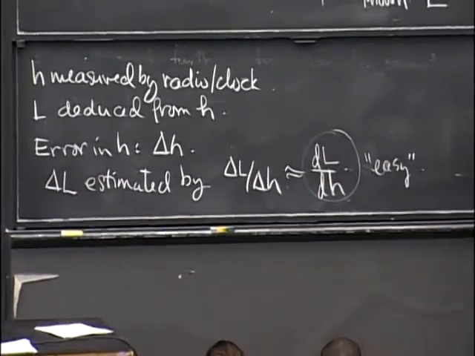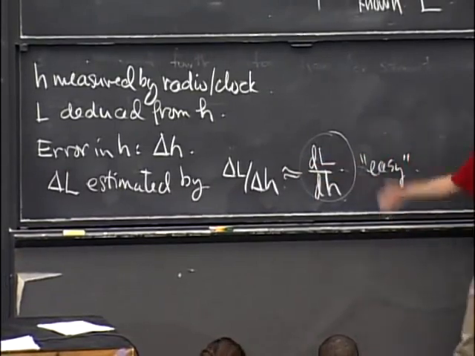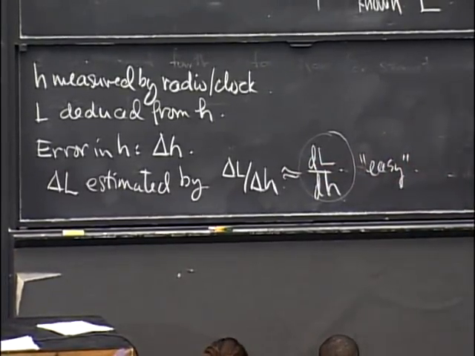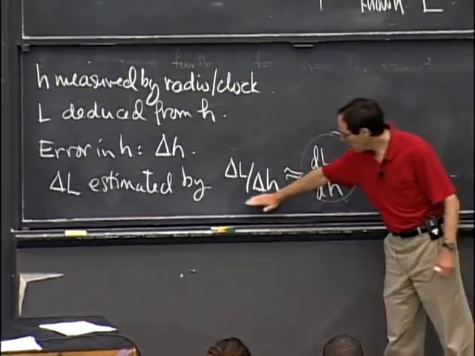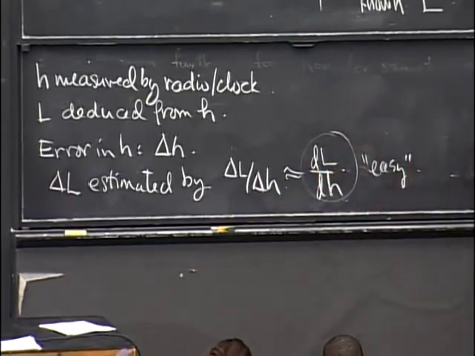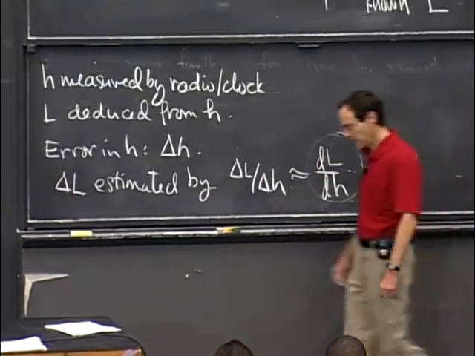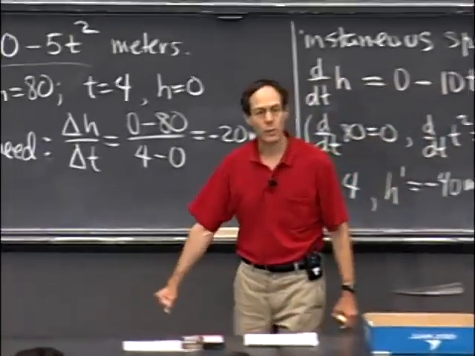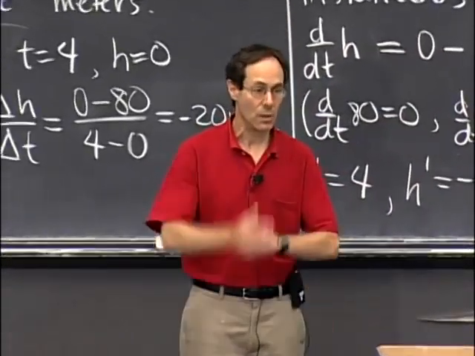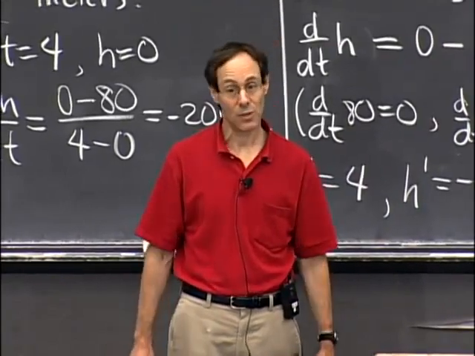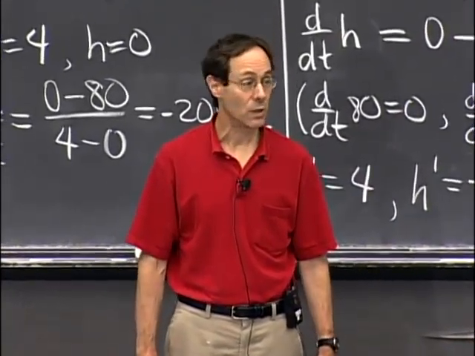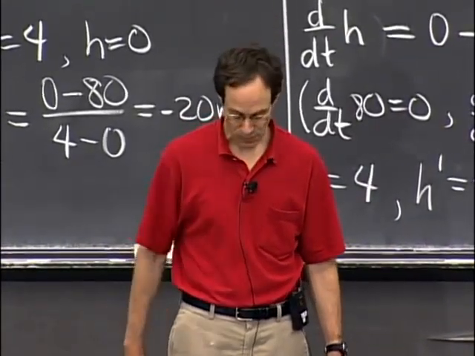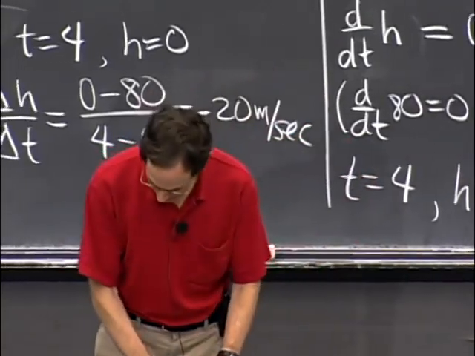Calculus is the easy part, and that allows us to deduce something about the real world that's close by over here. So the reason why you should care about this quite a bit is that it's used all the time to land airplanes. And so you really do care that they actually know to within a few feet or even closer where your plane is and how high up it is and so forth. All right.